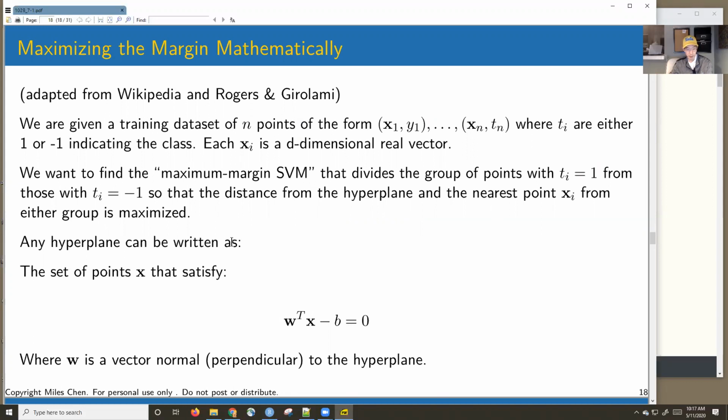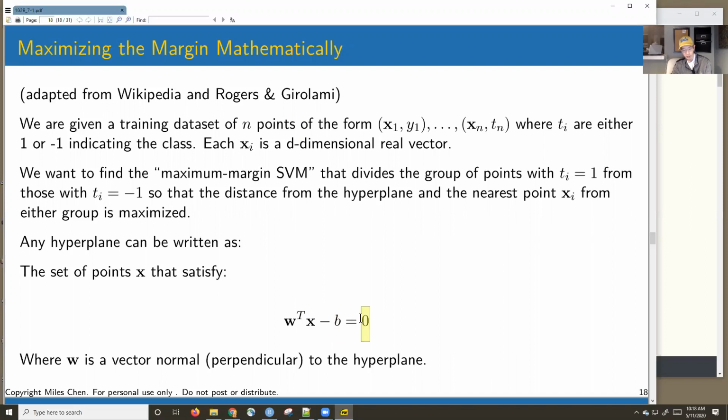Any hyperplane can be written as the set of points x such that for some vector w, when you take the dot product of w and x, plus or minus some constant, it is equal to 0.